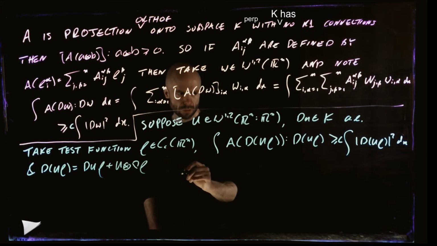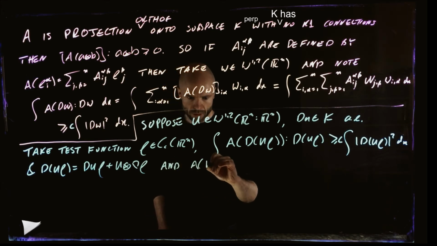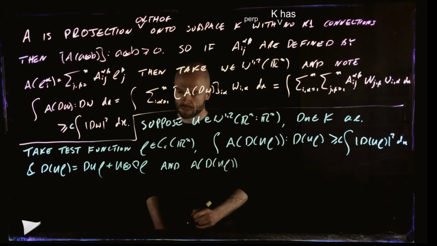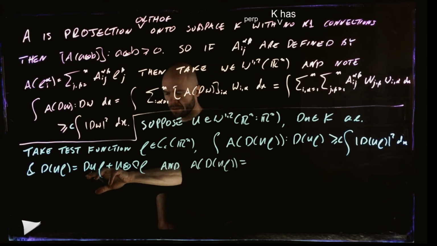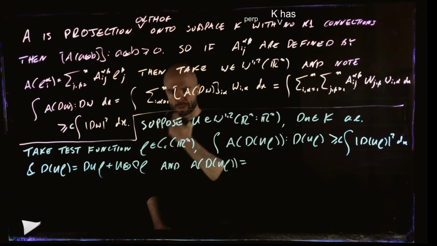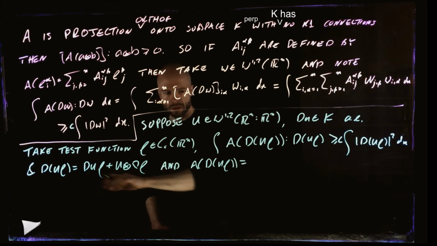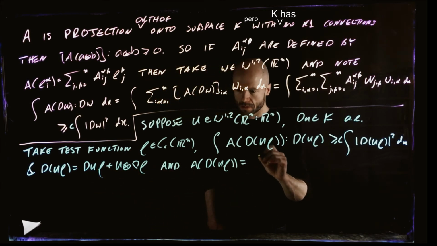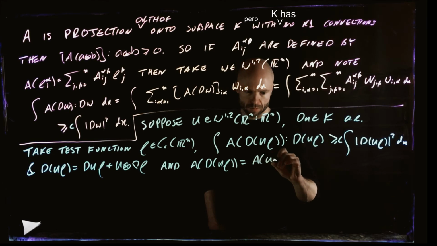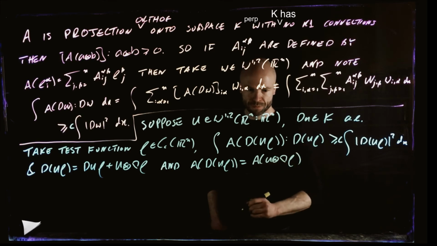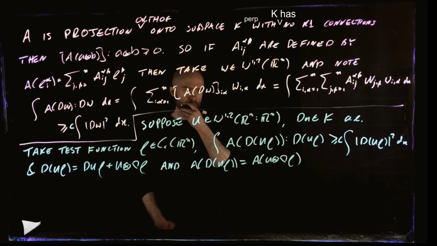And so when we do A of this thing, then that's the same as A applied to this, but gradient of U is inside this subspace K, and A is the projection onto the orthogonal complement of K. Therefore, A acting on this will just be 0. So this thing is just A of U cross product gradient of rho, like this. Yeah.